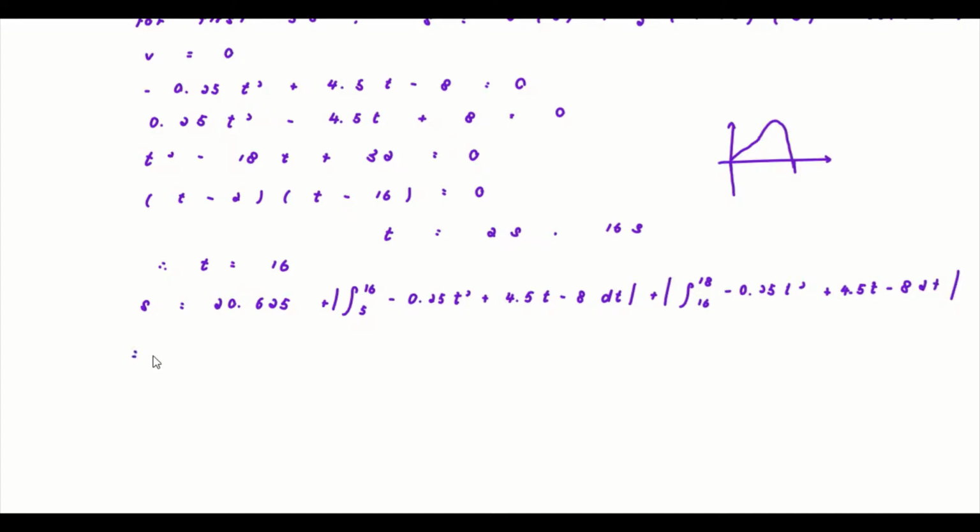Okay, so now let's solve it. So 20.625, and let's do the integration. Plus 1 divided by plus 1, then divide by the power. So we have negative 1 over 12 t cubed plus 2.25 t squared; let's change it to a fraction, so that is 9 over 4 t squared, minus 8t.